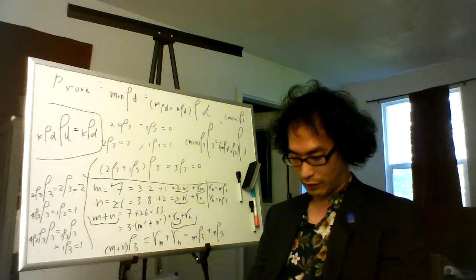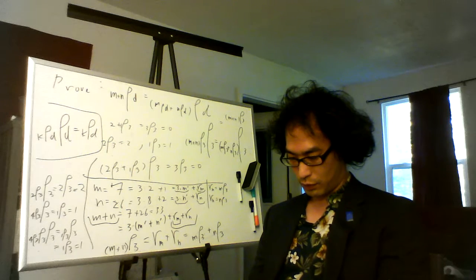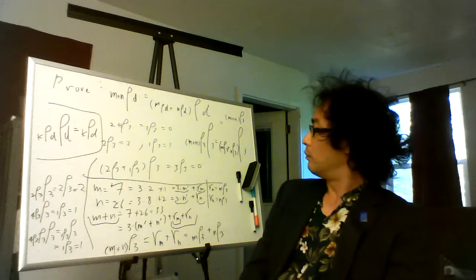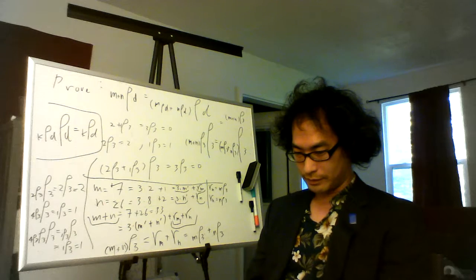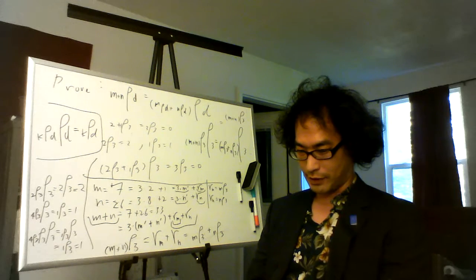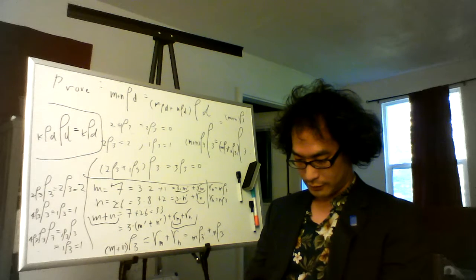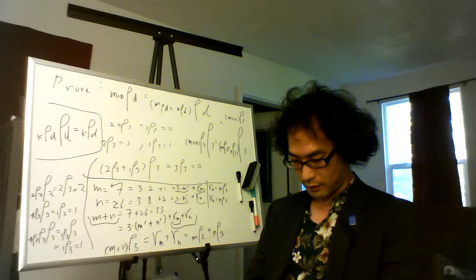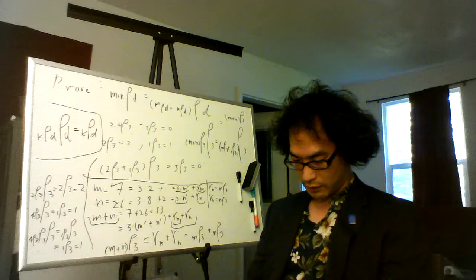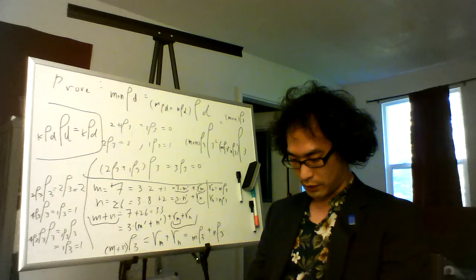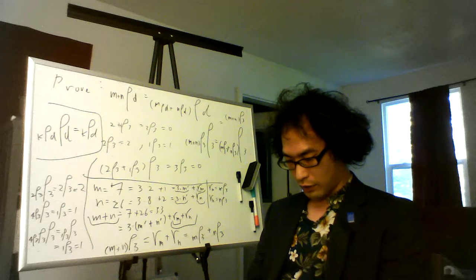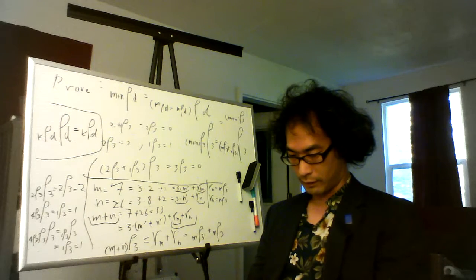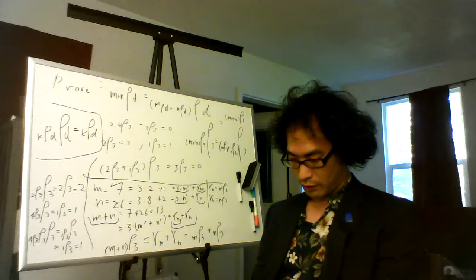I'll share this with you later. So rho d is equal to, by the collapsing theorem, (m plus n) rho d is equal to m rho d, and I'll share this with you later. We proved it. QED.